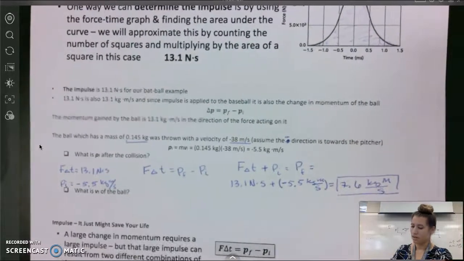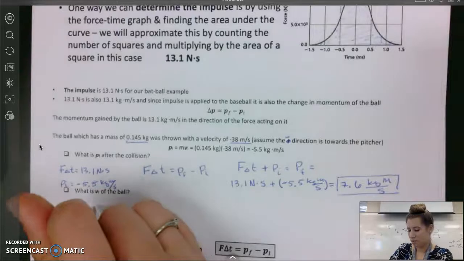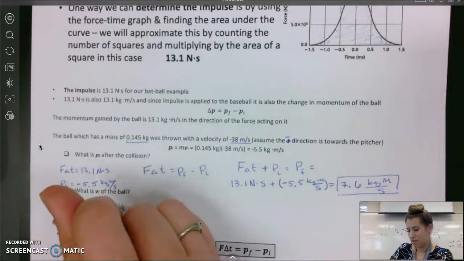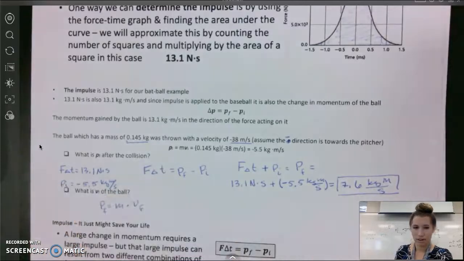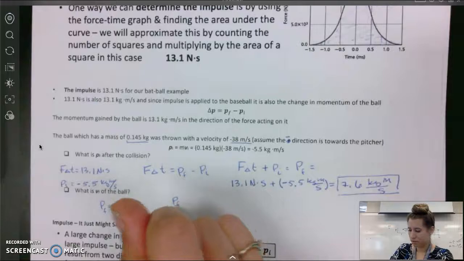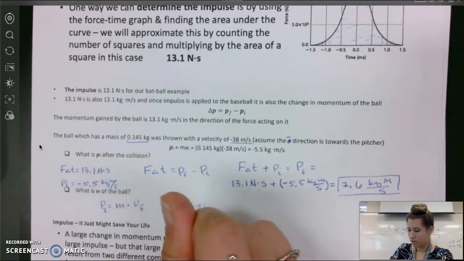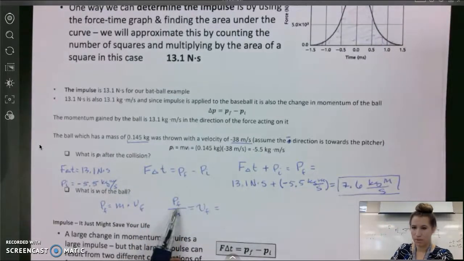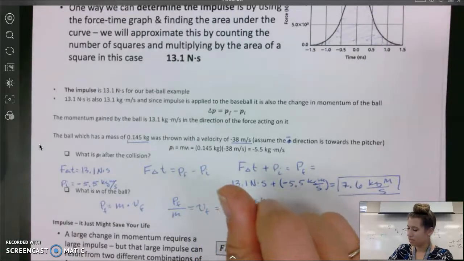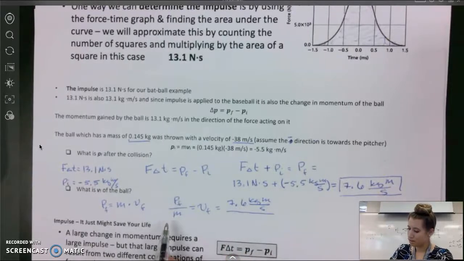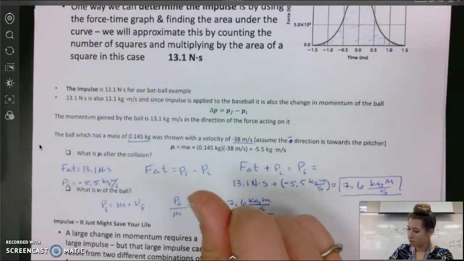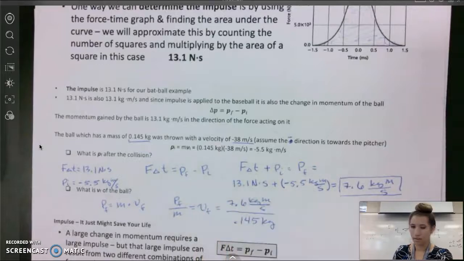Okay. So what would the final velocity be? Well, momentum is equal to mass times velocity, and we're going to make this final, right? And so we want to know this, so let's divide over. We know all those components. We just solved for this, so we have 7.6 kilogram meters per second divided by the mass, which is 0.145 kilograms.